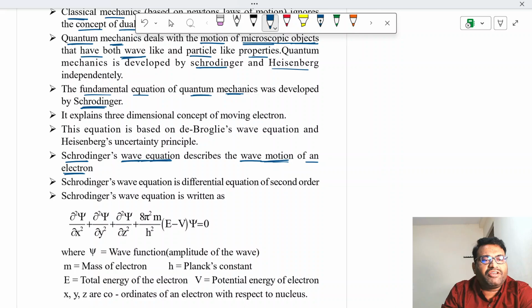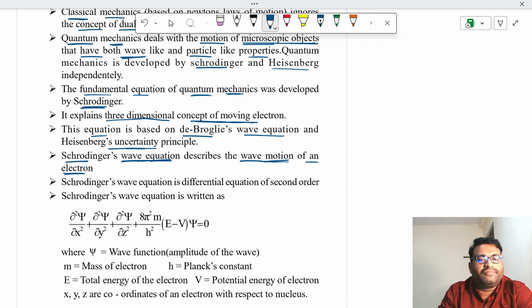So the Schrodinger wave equation describes a three-dimensional concept of a moving electron. Its wave nature is explained and its three-dimensional motion is also explained. This equation is based on the de Broglie wave equation as well as the Heisenberg uncertainty principle.